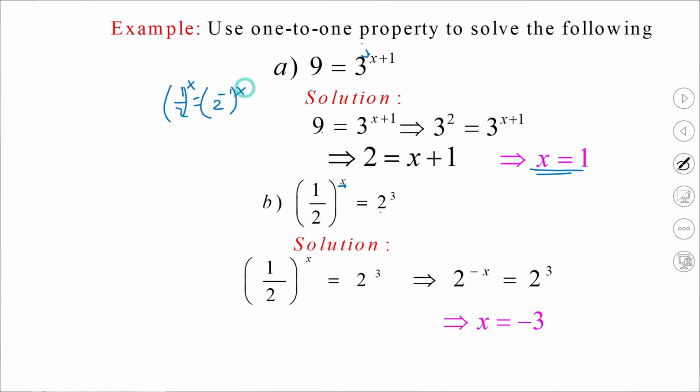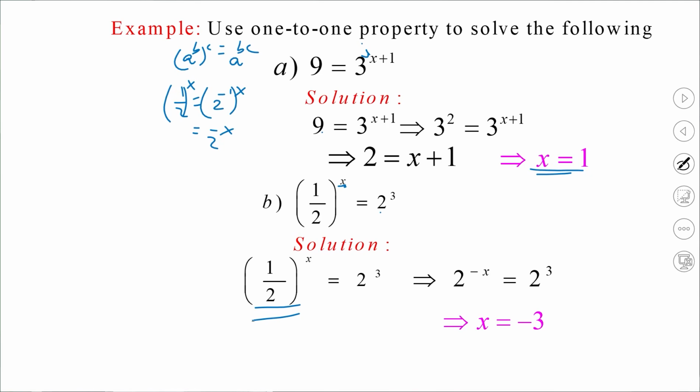So a half to the power of x is 2 to the power of minus 1, to the power of x. And for an exponential expression a to the power of b to the power of c, it is a to the power of b times c. So 2 to the power of minus 1 times x means 2 to the power of minus x. Then I can rewrite the term in the bracket as 2 to the power of minus x, which is also equal to 2 to the power of 3.